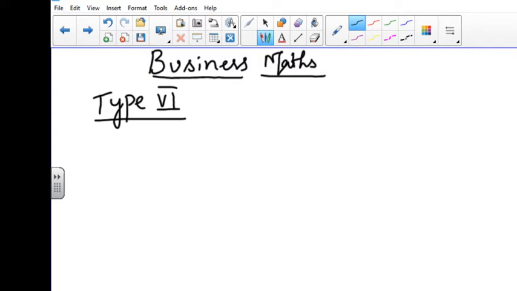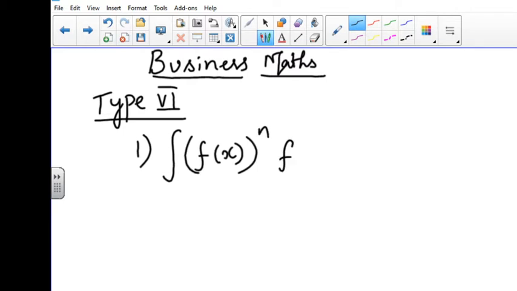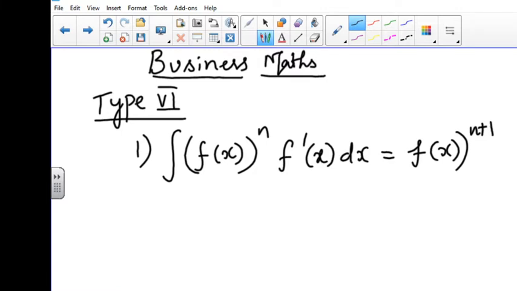The first formula is integral of f of x the whole power n into f dash of x dx is equal to f of x whole power n plus 1 divided by n plus 1 plus c.